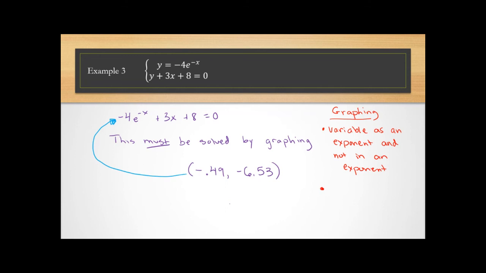Or if you have something like the variable is in a natural log and it's not in an exponent. A variable in the natural log or just a regular log. And also, I should say, not in an exponent, not in the natural log or log.